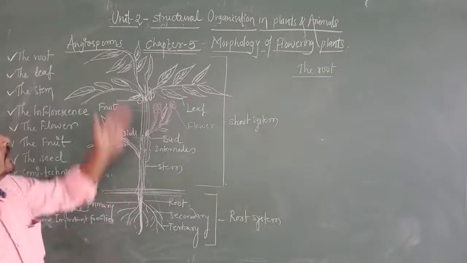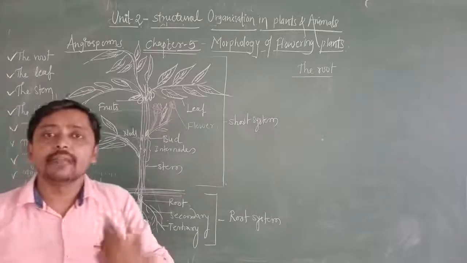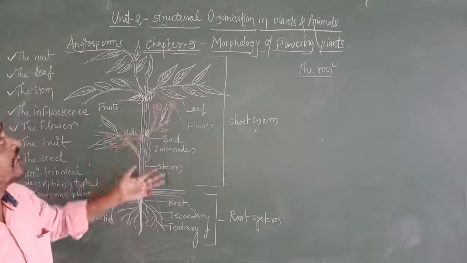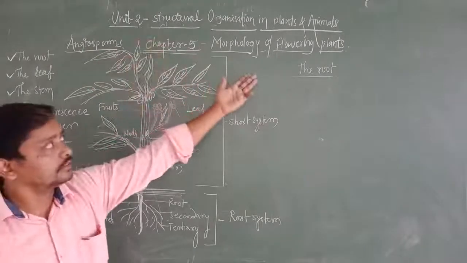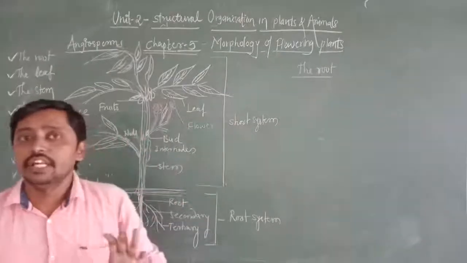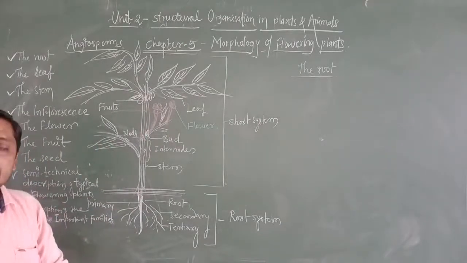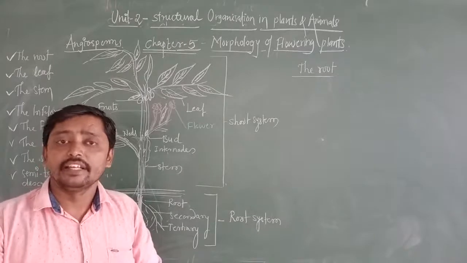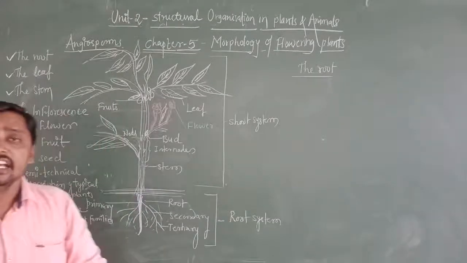Like that, in the plant kingdom there are bryophytes, pteridophytes, gymnosperms and angiosperms. The other name for angiosperms is flowering plants. These have a peculiar character: they bear flowers.